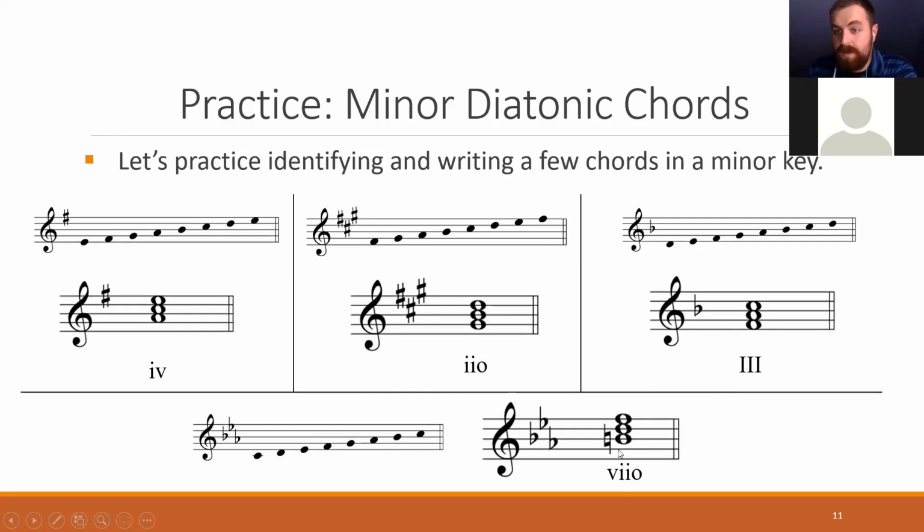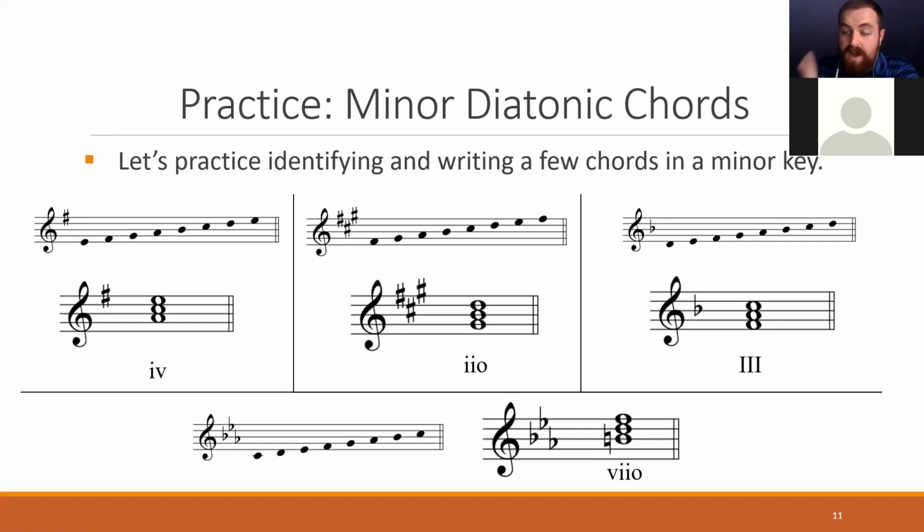problem is the chord that we have that naturally occurs in a minor system is major. It's a B flat chord, B flat, D, and F. It's built from our diatonic pitches, which should be B flat. However, because we often will raise scale degree 7 in minor for a variety of reasons that will really come into kind of concentration next week, we often will see that we raise scale degree 7.